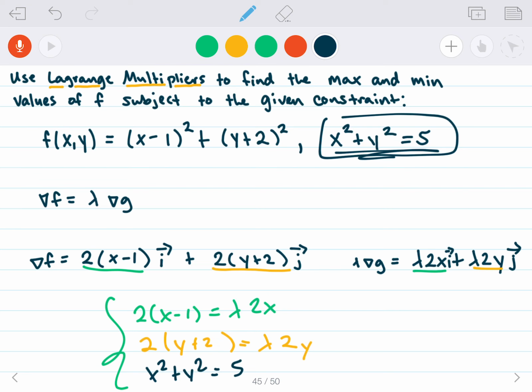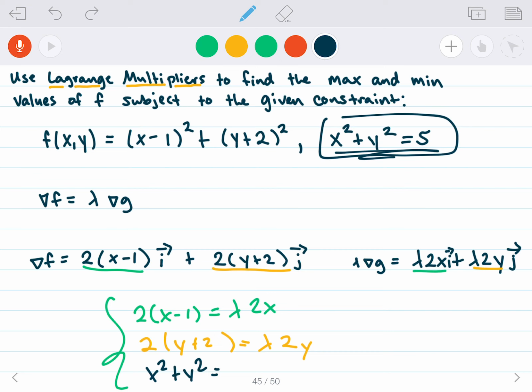Alright, so let's go ahead and see what we can do here. So the easiest thing that we could do is we could divide by 2x and 2y. And that would make sense because both x and y cannot be 0, or that equation will not hold.